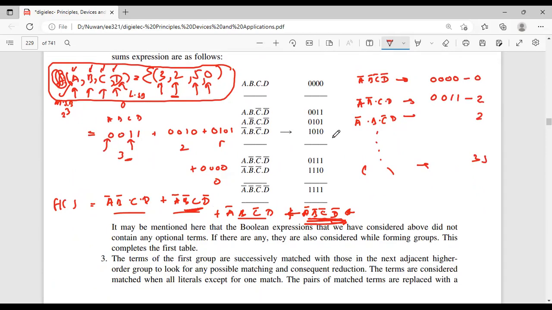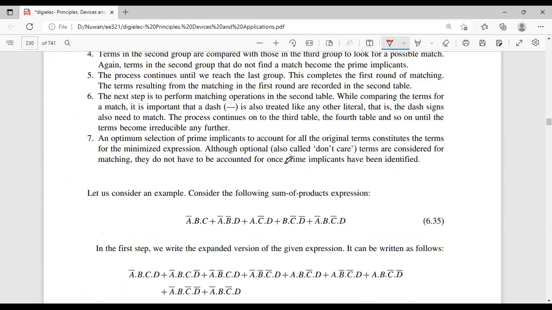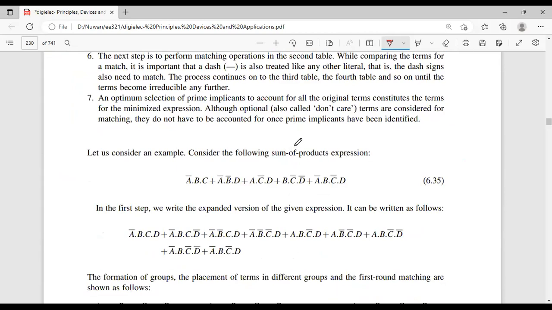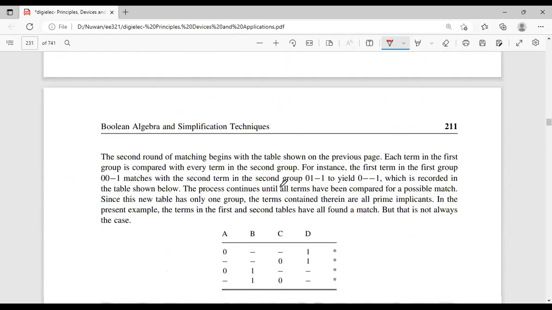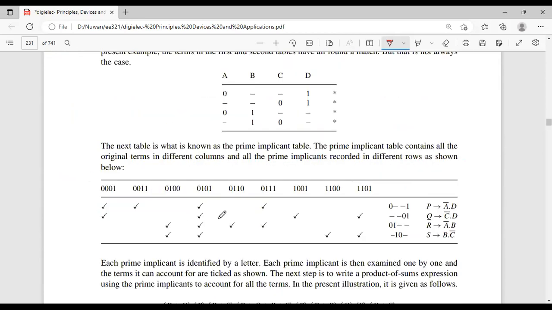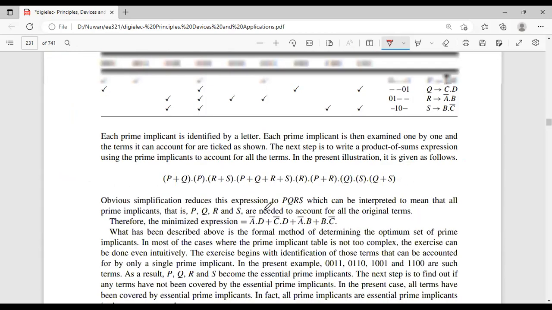Then you have to group it, then match it, until the matching is over. Then you have to make that table, this one, called the prime implicant table. Then using this, you can get the simplification.